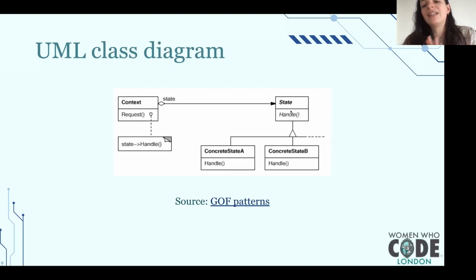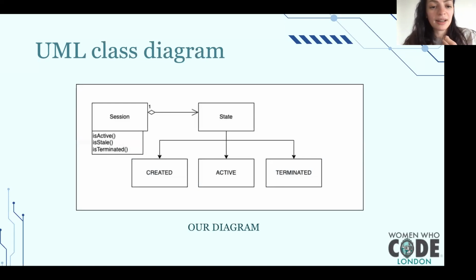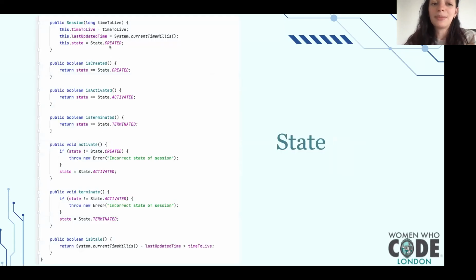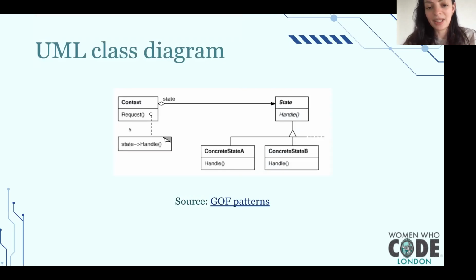They say that state is basically a class, and you have several implementations, and you can also have handle as a method. In our example, I'm using enums in Java, so they allow me to create several implementations of the state of the session. So state is basically an enum, and the implementations are created, activated, terminated.